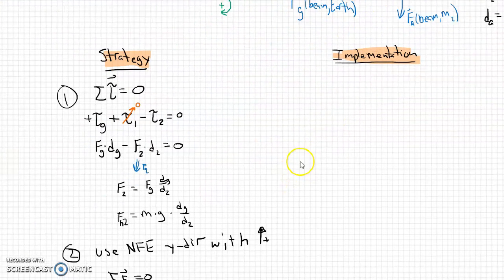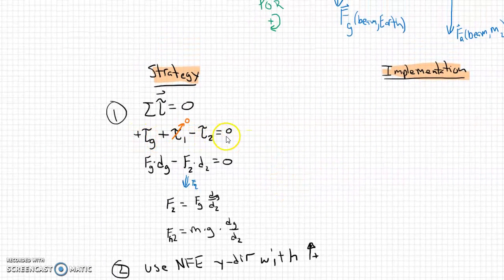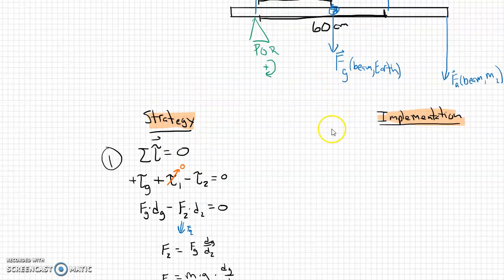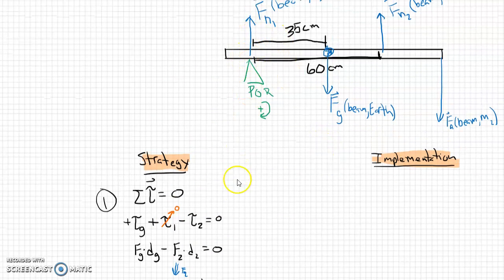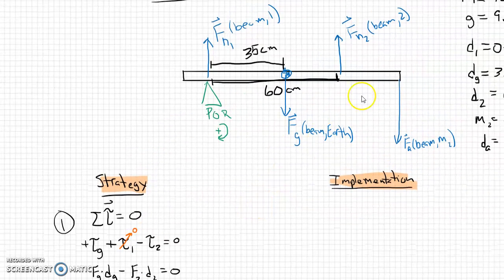Looking at our situation, this equation still applies. We have our gravity torque, which goes clockwise. The torque due to this support right here is going to cancel out because it's right at the point of rotation. We have our torque due to support 2, which is an upwards torque.